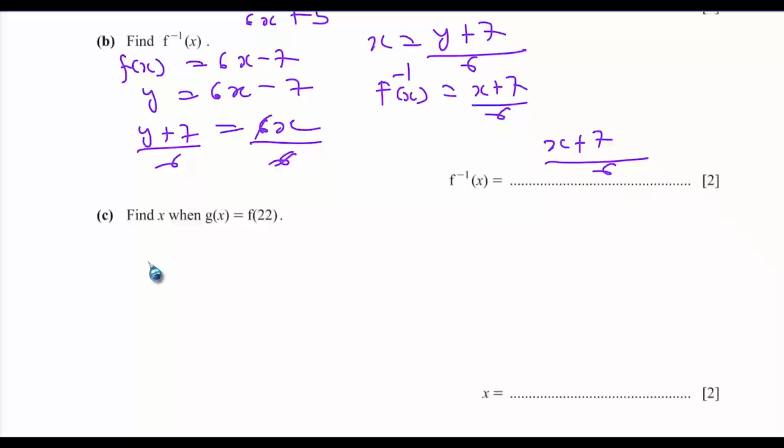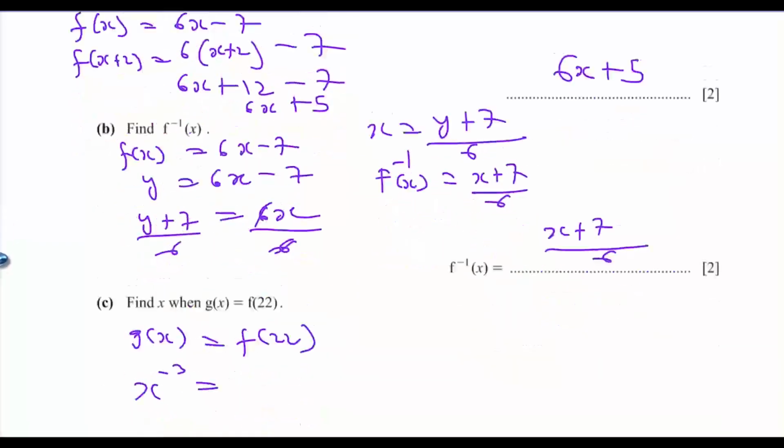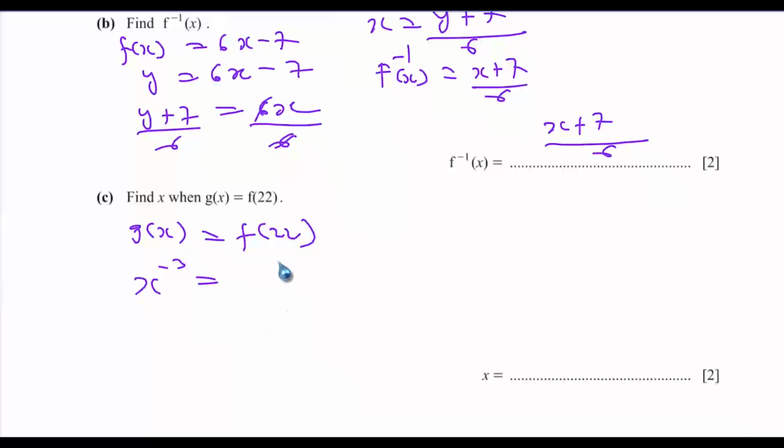So that means we have g of x equals f of 22. So g of x is given as x to the power of negative 3, equals f of x, which is 6x minus 7. So for us to get f of 22, that means anywhere we see x, we put 22. That will be 6 into 22, then subtract 7.